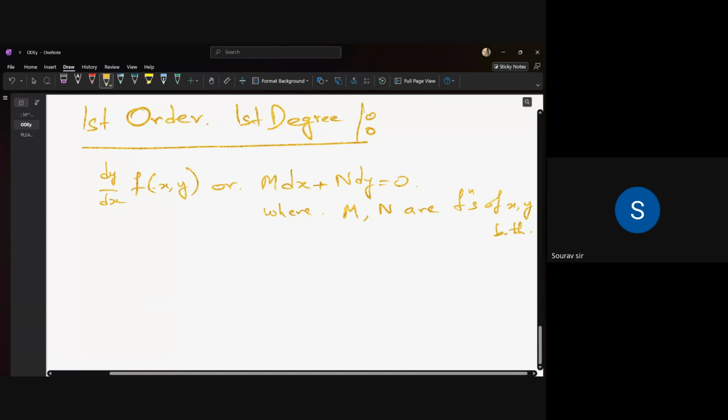So now the following are some standard methods to solve it. Basically, there is the variable separation method.